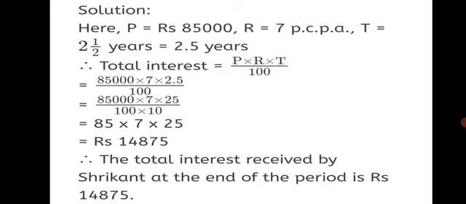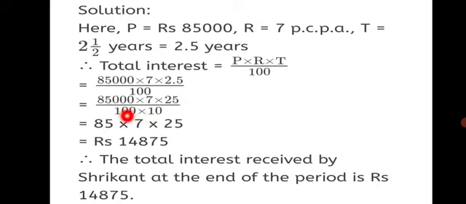Now, 2.5 is converted into 25 upon 10, when we remove the decimal point we take it upon 10.